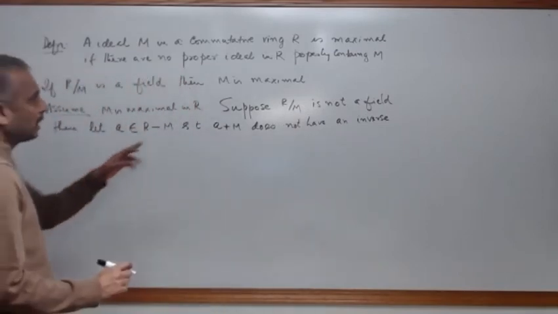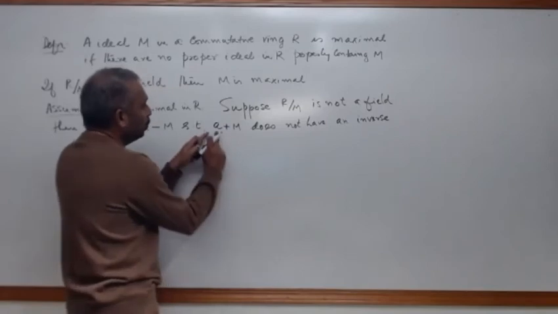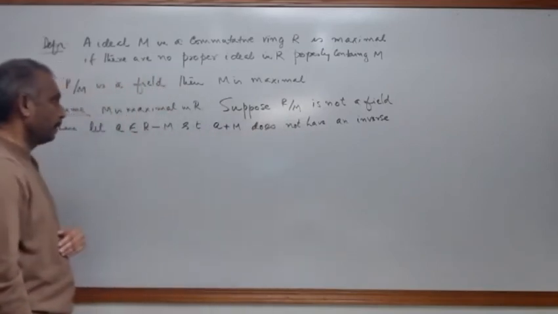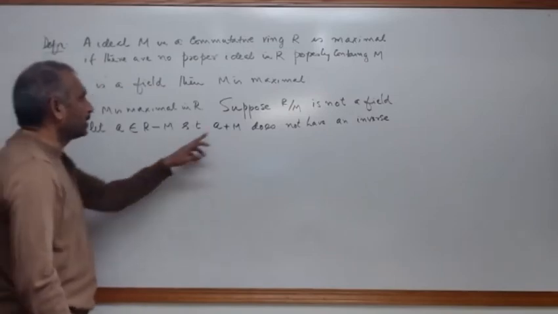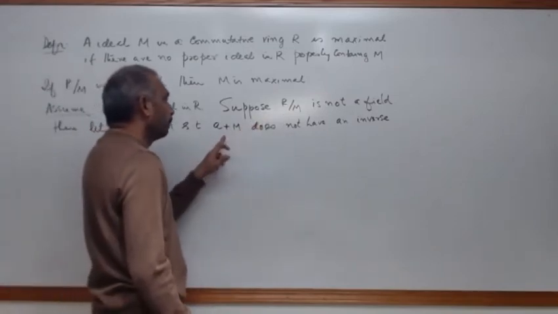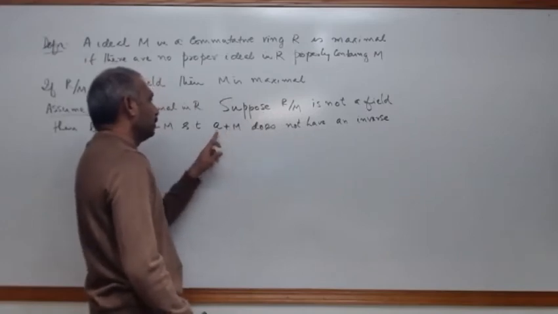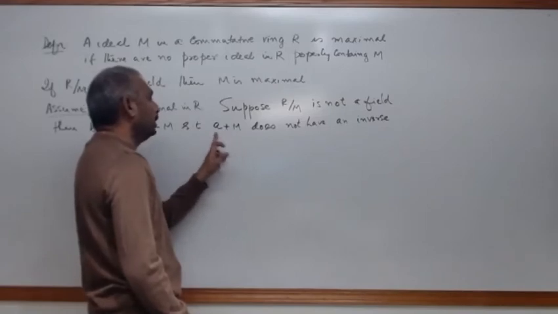So we are going to construct an ideal using this element in R by M. How can we construct it? We can think of a principal ideal generated by this.